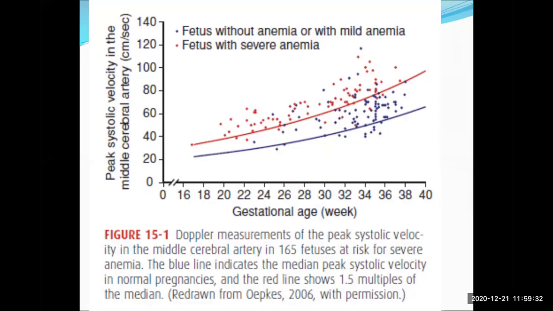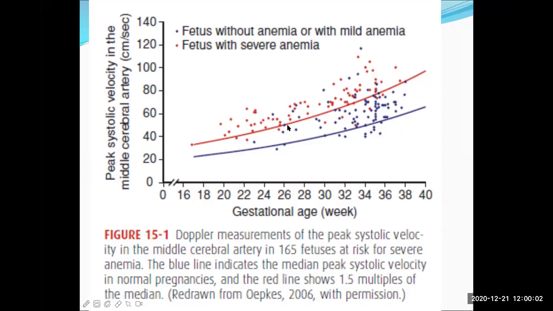Now, what is the correlation of peak systolic velocity in the middle cerebral artery and the gestational age? See this, this is gestational age, up to 40 weeks. This is the peak systolic velocity in the middle cerebral artery, picked by Doppler ultrasound. There are two graphs here, the red graph and the blue one.